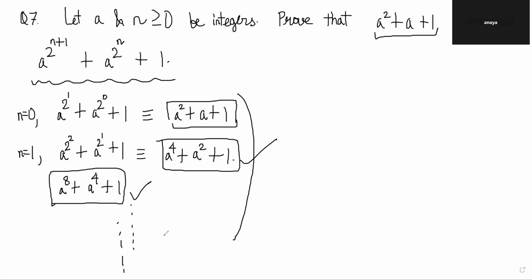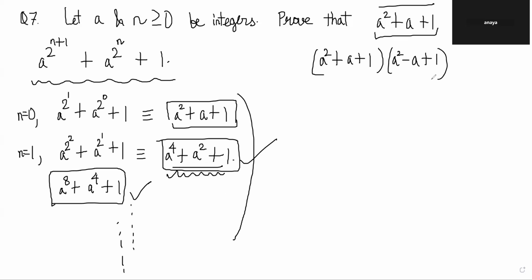So what you need to think of is, can we write an identity where we can prove that a square plus a plus 1 divides this? Find out what is a square plus a plus 1 multiplied by a square minus a plus 1.